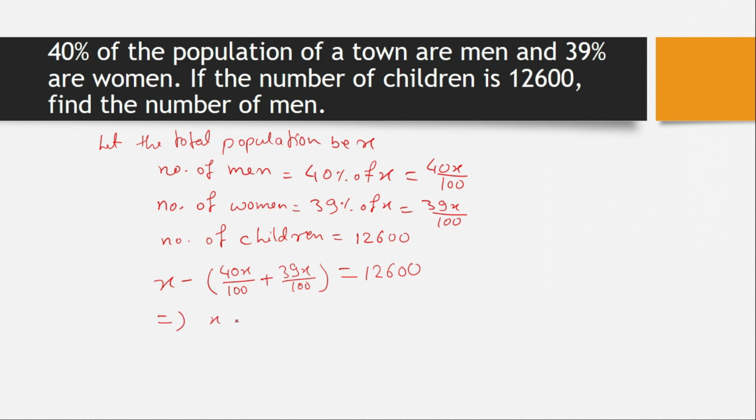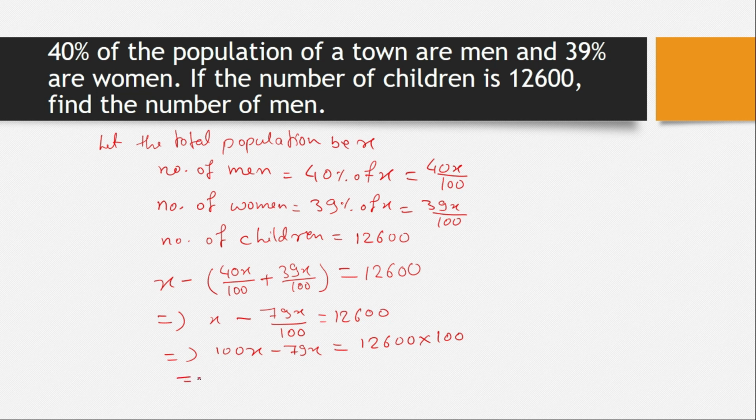X minus 79x by 100 equal to 12600, or 100x minus 79x equal to 12600 into 100. That means we have transposed the LCM, that means 100, to the right hand side.